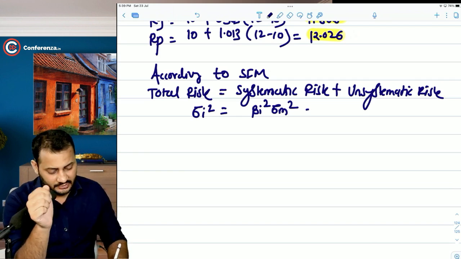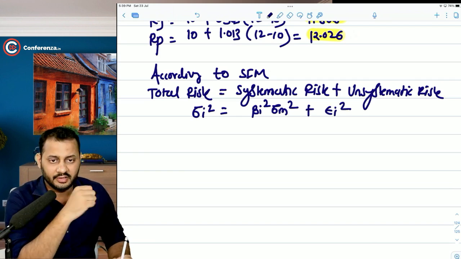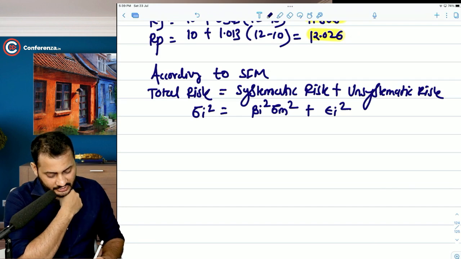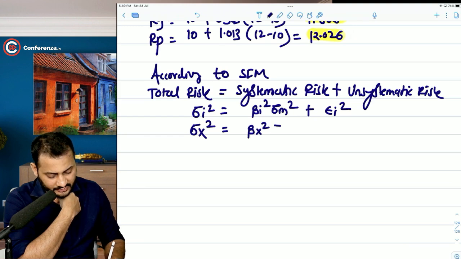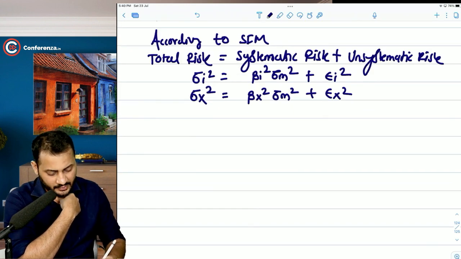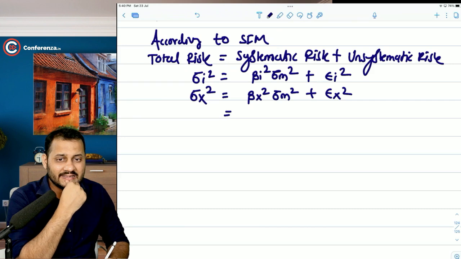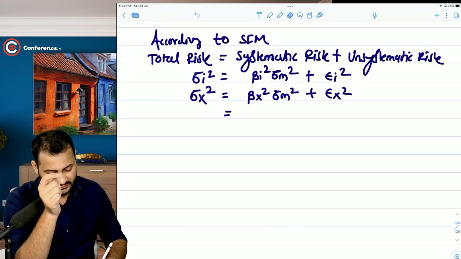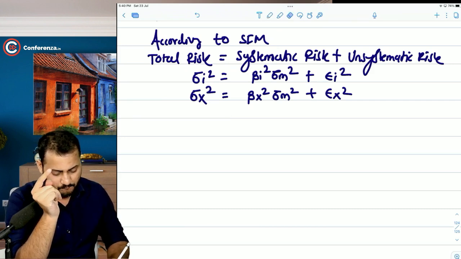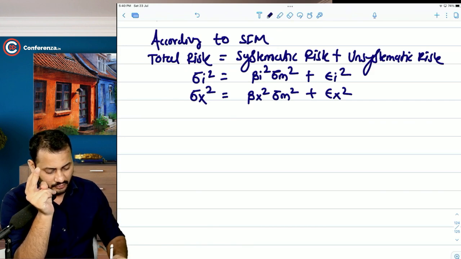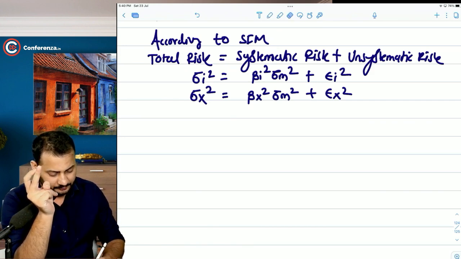Everything is in variance, plus EI square, error term. Okay. Standard deviation of x square is equal to beta x square standard deviation of m square plus EX square. Am I right? So what is the beta of x? Okay. Let's first write down the total risk of all the three. It's better.